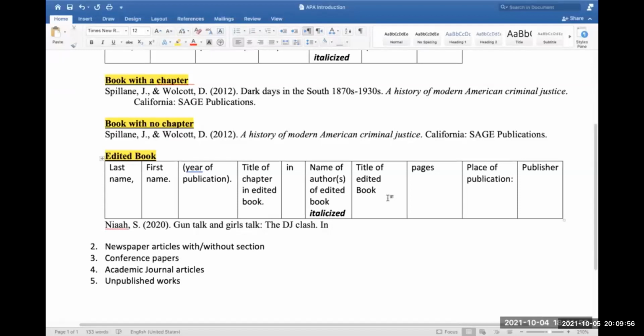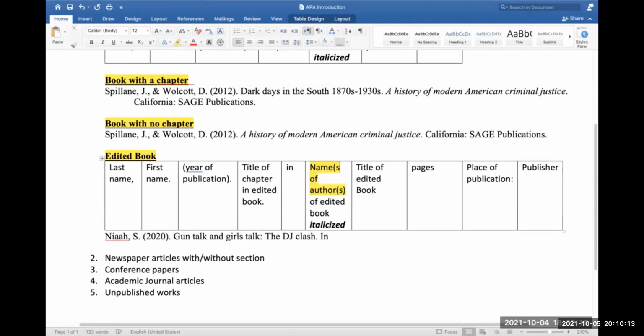Are you guys not reading? It says name or names of authors of edited book. This is not "or," this is "of." You're doing an academic writing course. This is what you're focusing on. What's the name of the author?